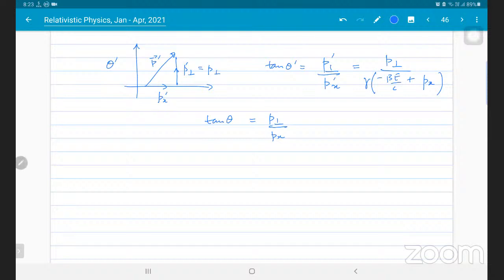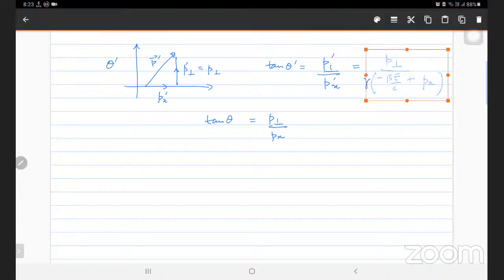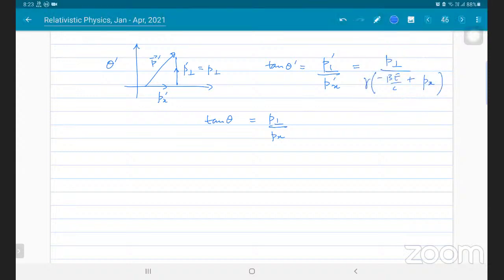Well, we can just divide the numerator and denominator by px, not both sides. And you will get that tan theta prime is equal to P perpendicular by Px over gamma into minus beta E by C times Px plus 1.